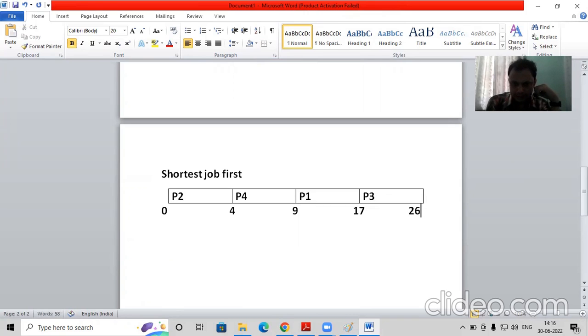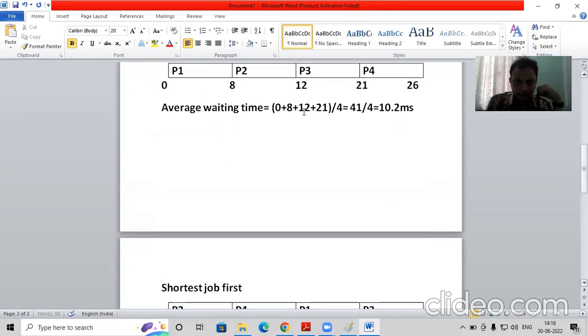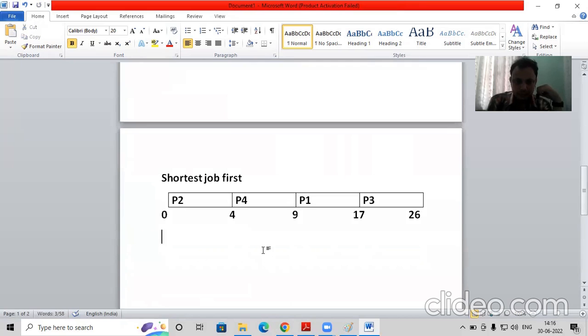Now in this case we are finding the average waiting time. Average waiting time is equal to the time each process waits. At first, P1: how much time is it waiting? 9 milliseconds.